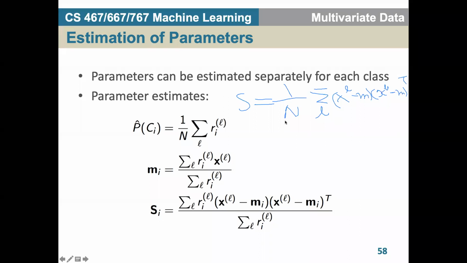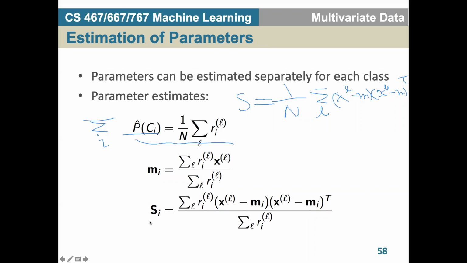So this is the overall sigma. So why does this equal the summation over i? This should be i, by the way. This index is not on the rows, it's on the class.